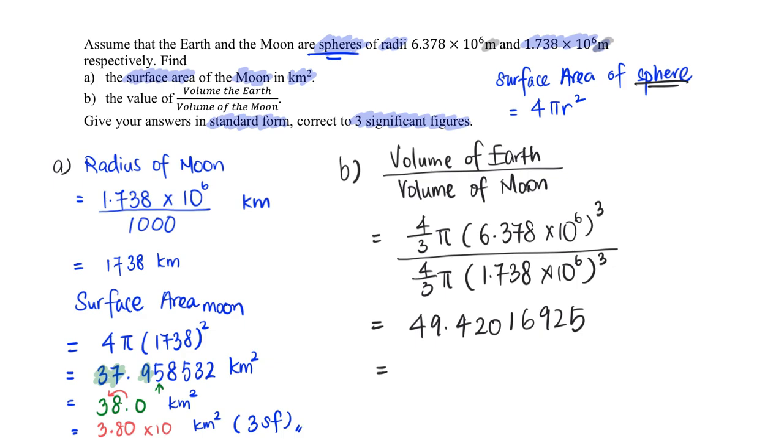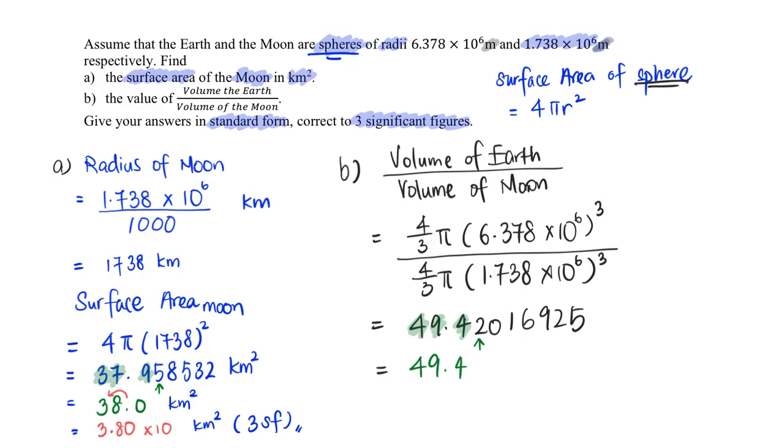Again we are required to give our answers in standard form, correct to 3 significant figures. And so I would then go 1, 2, 3, 3 sig fig. Then I will have to look at this number. This is less than 5, so it will be 49.4.